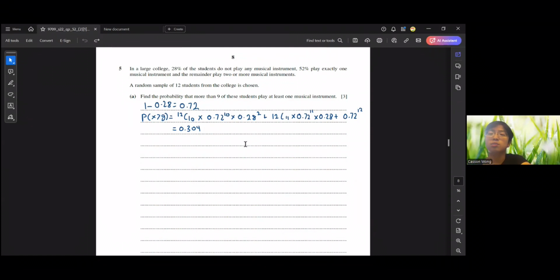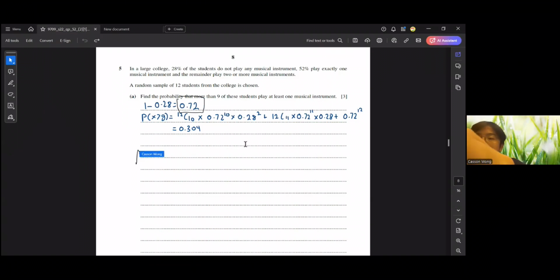So this is binomial distribution. The probability that students play at least one musical instrument is 1 minus 0.28, so it is 0.72.